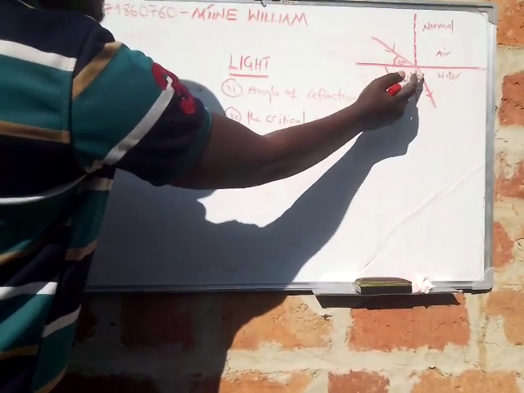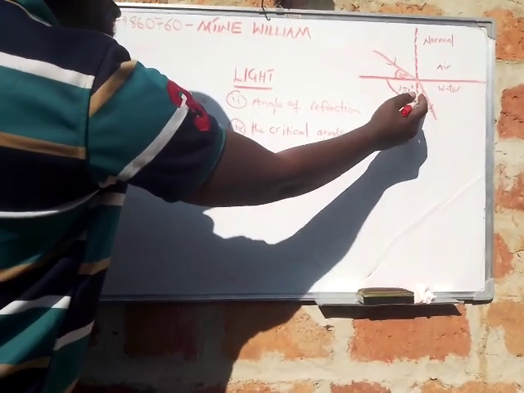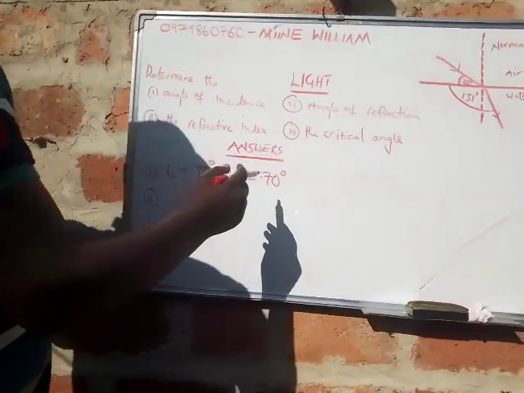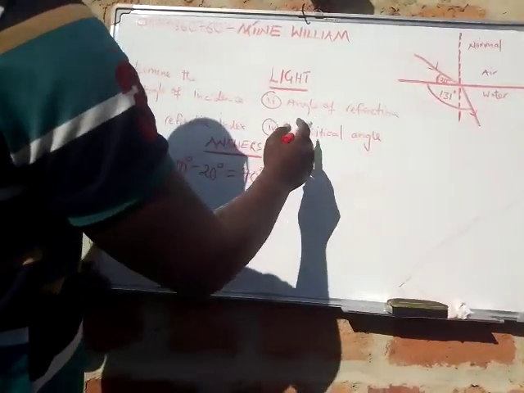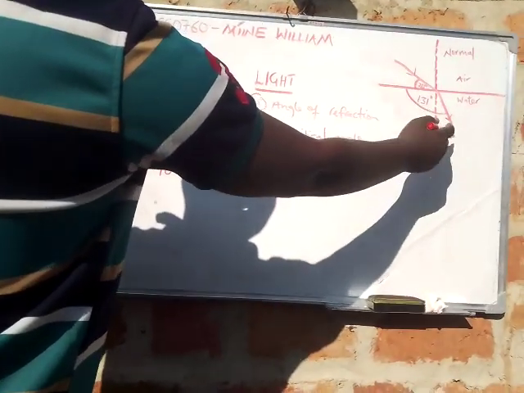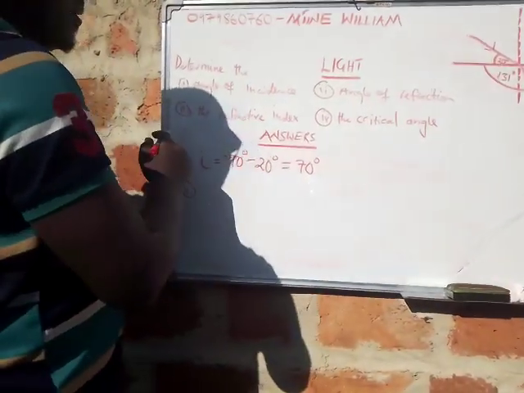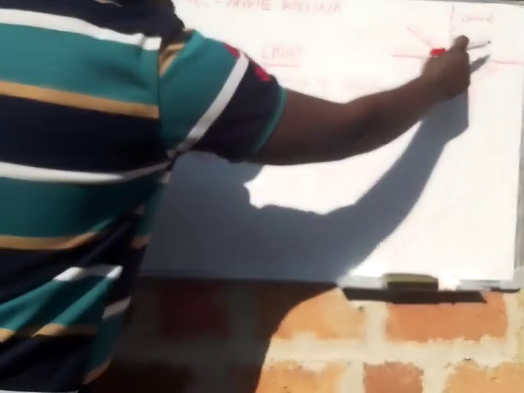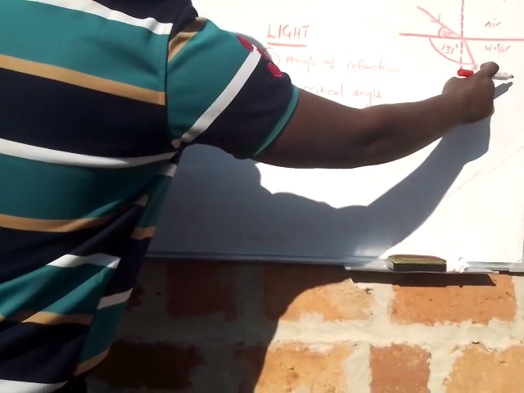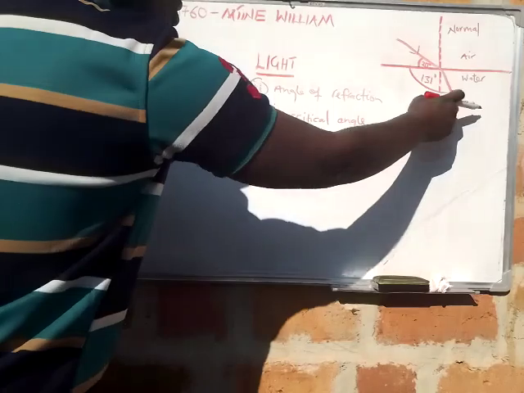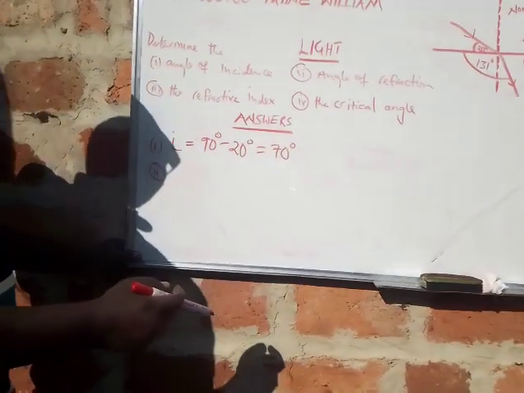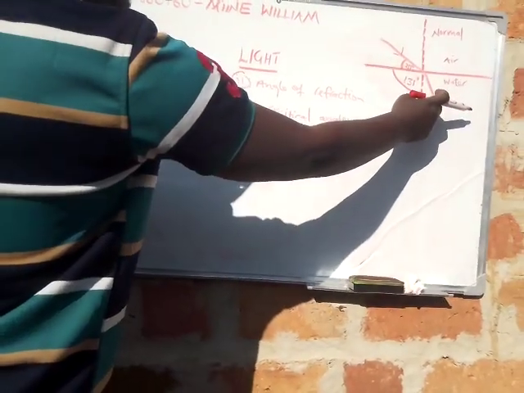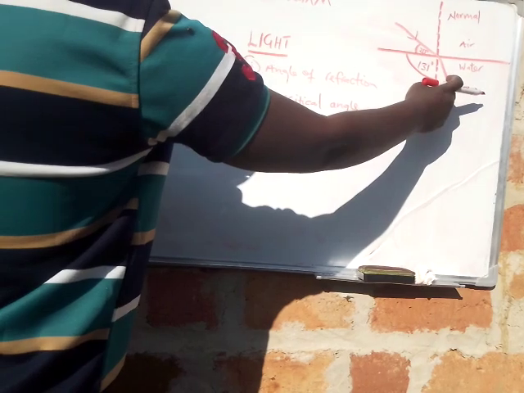Once the light enters the different medium, this ray is now called the refracted ray, and the incidence ray, the refracted ray, and the normal make up what we call the angle of refraction. So this is the angle of refraction.